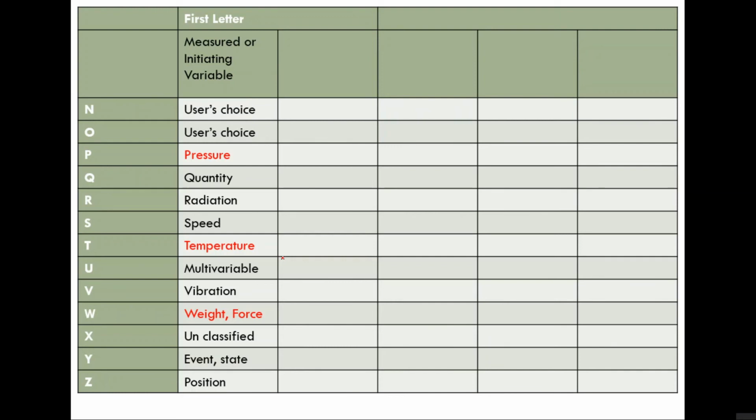Right? Then what is K? Time. What is L? Level. What is P? Pressure. What is S? Speed. Yes, it is important, that is why it's mentioned. What is temperature? T. Okay. Then what is V? Vibration. Okay. W for weight and force. Z for position. So these are the important first letters.